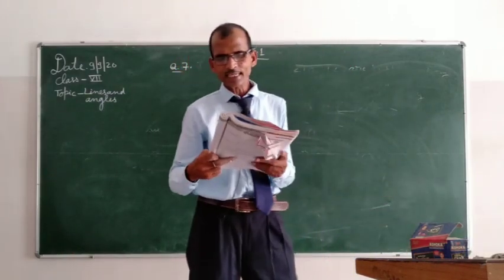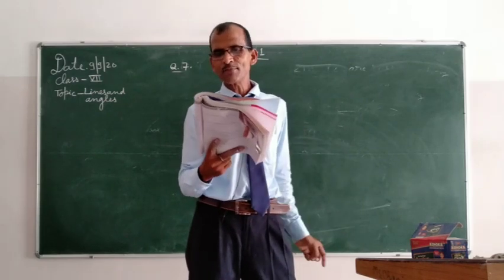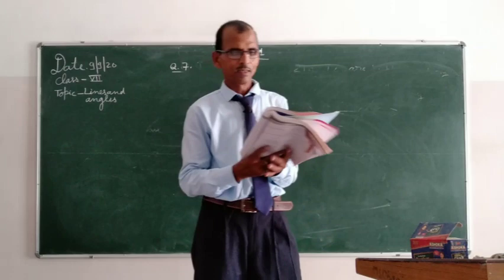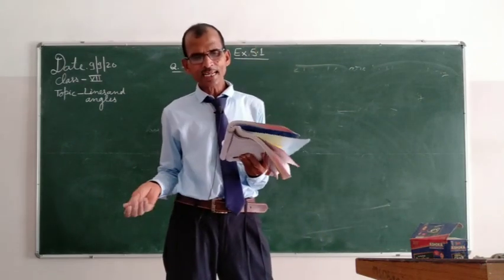Question number 7 is: can two angles be supplementary if both of them are first acute, second obtuse, and third right?